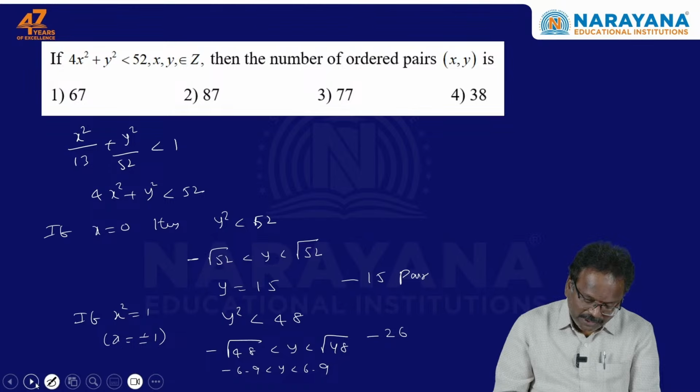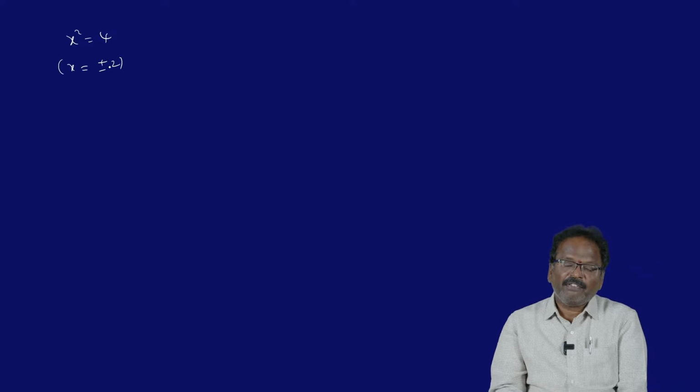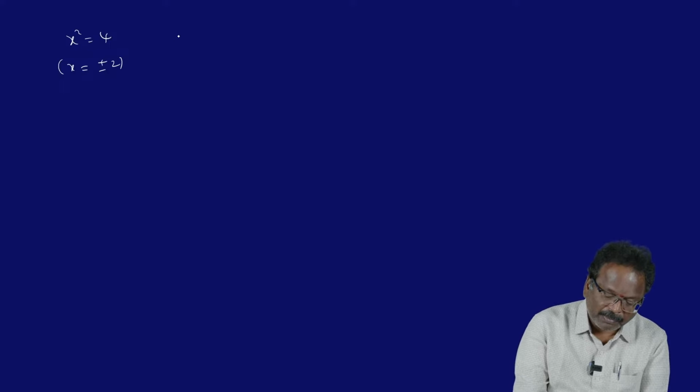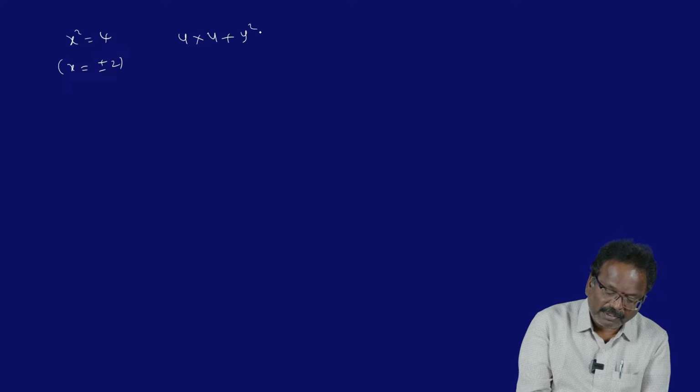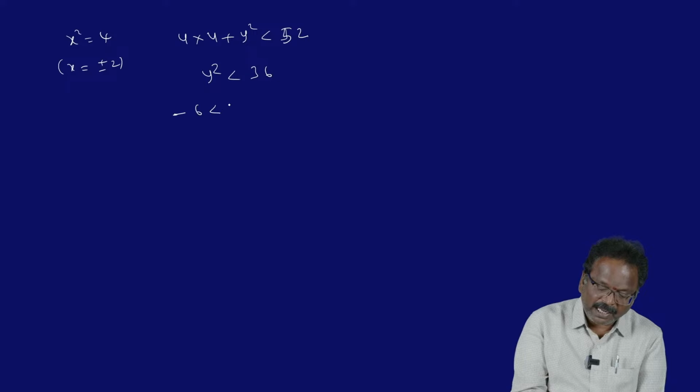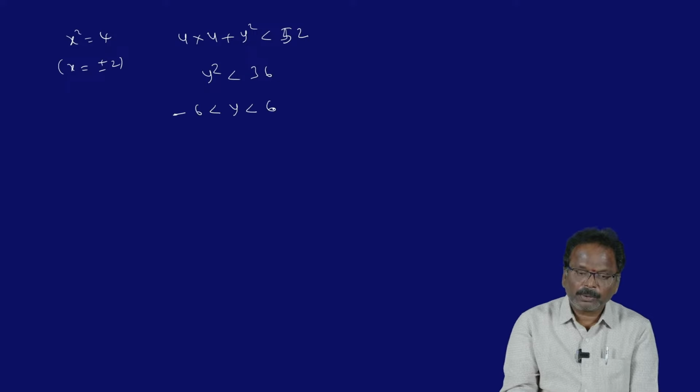Now take x square equal to 4. X square 4 means x is plus or minus 2. How many integral values are possible for y? So 4 into 4 plus y square less than 52. So y square less than 36, which means y lies between minus 6 and plus 6.